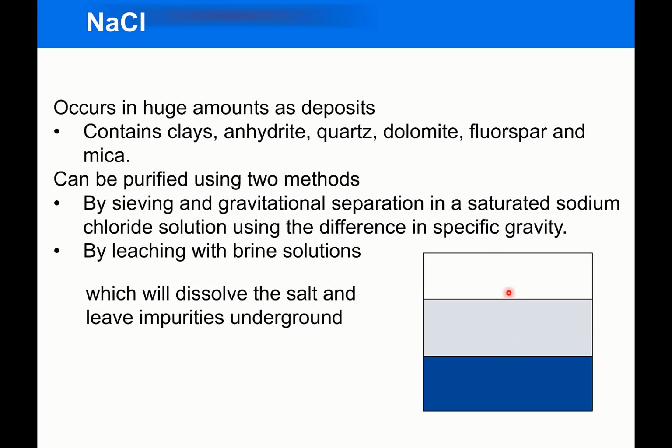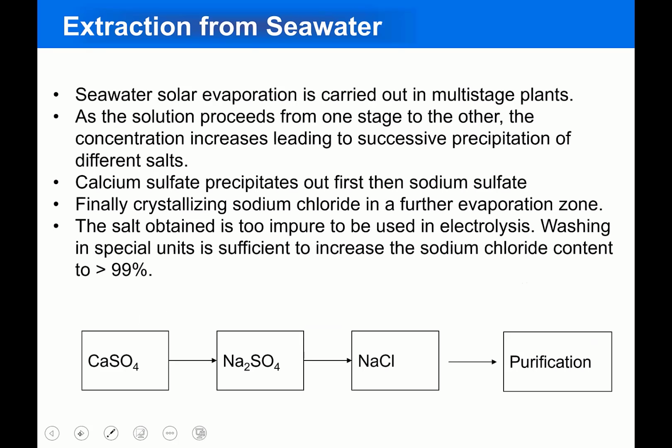So you use the difference in specific gravity between the salt and the impurities to clean up the salt from different impurities that are typical in such a salt. And second procedure is by leaching using brine solution. So it's going to be dissolving the deposit and then recrystallizing the deposit again in a more pure form, leaving the impurities behind.